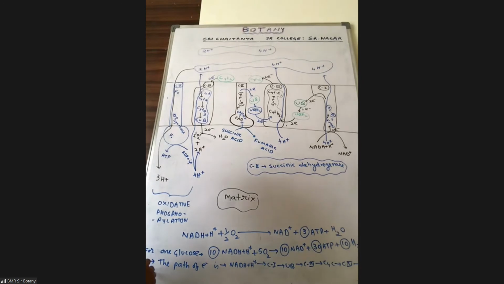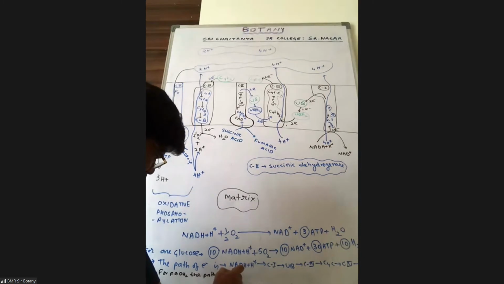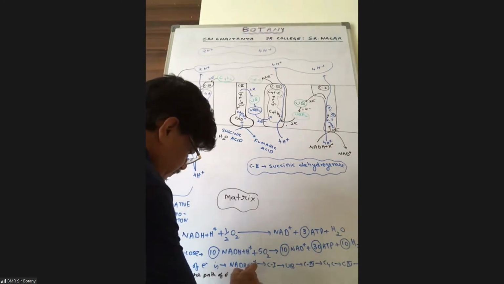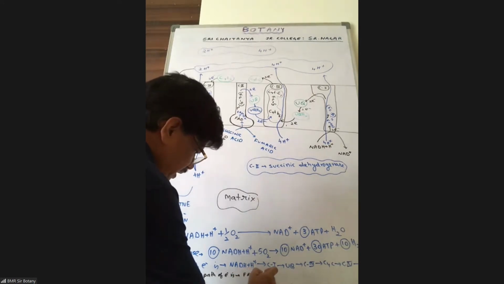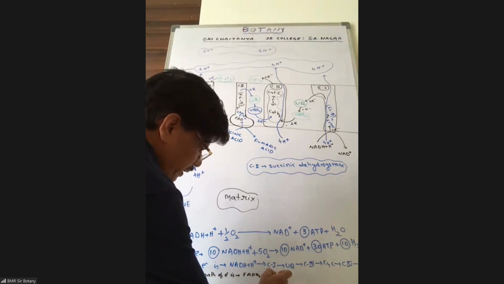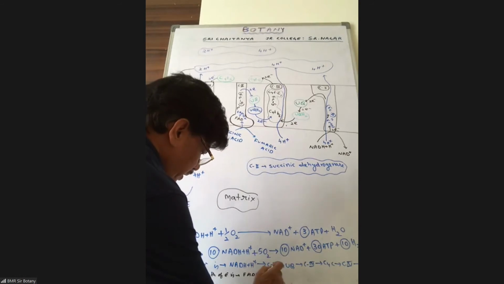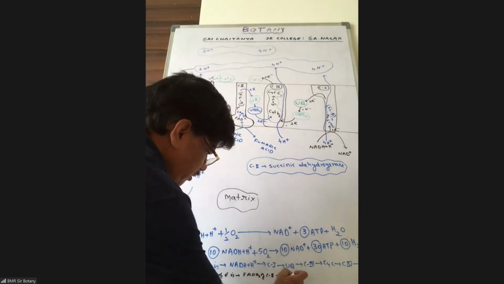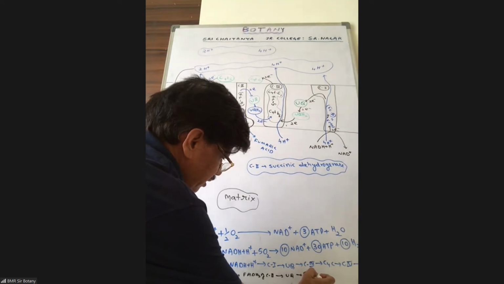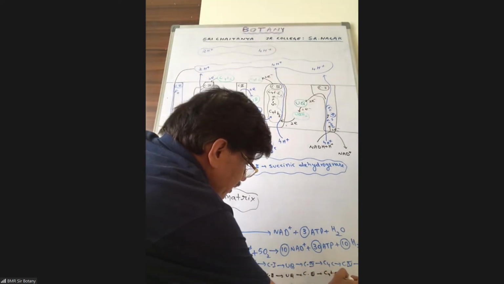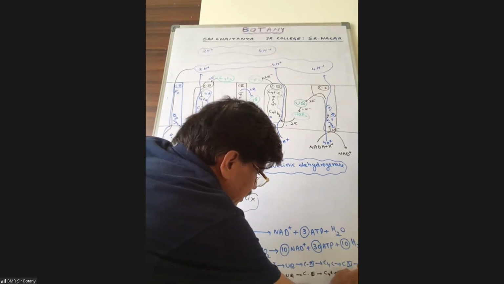So the other path, for FADH2, the path of electrons is: FADH2 of complex 2, to ubiquinone, then complex 3, then cytochrome C, then complex 4, then half O2.